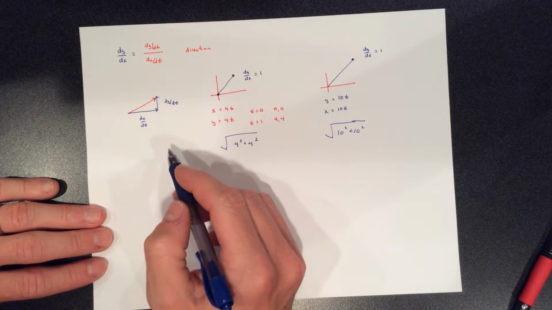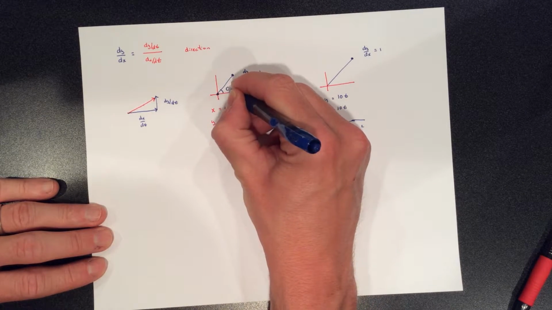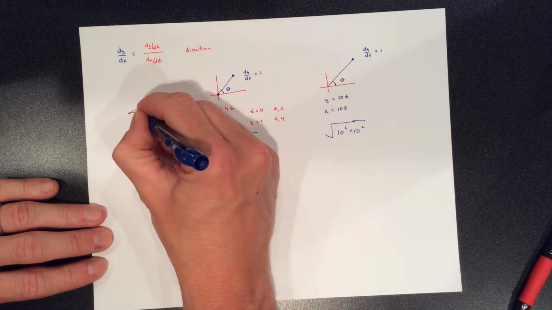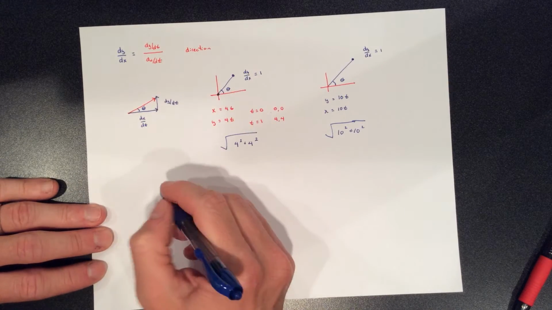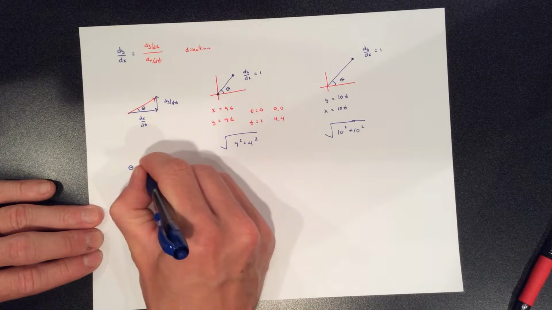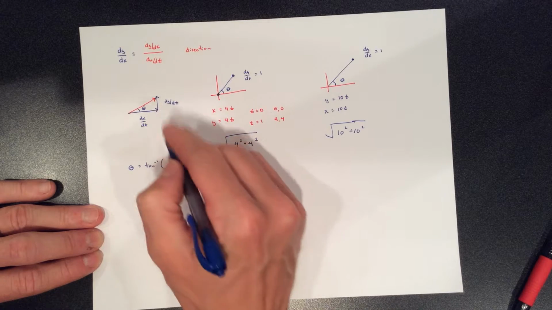Every now and then we're going to be interested in the angle at which you're traveling, which is this angle here, theta, which is the same as this theta. And again, how do we find angles? Well, it's just a triangle. We just use inverse tangent. Theta is the inverse tangent of the opposite over the adjacent.